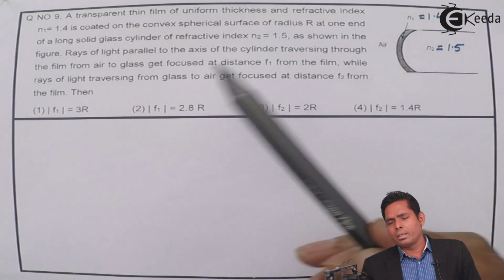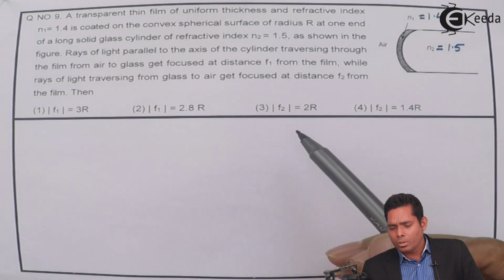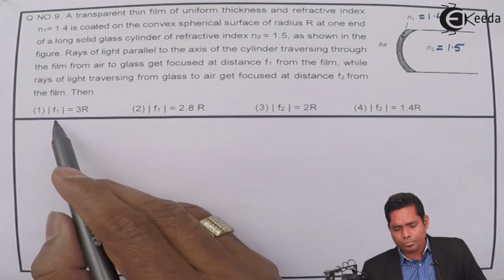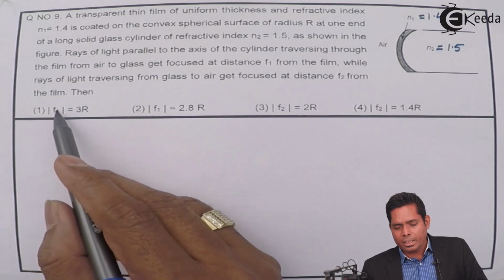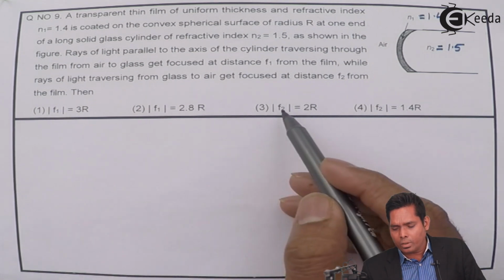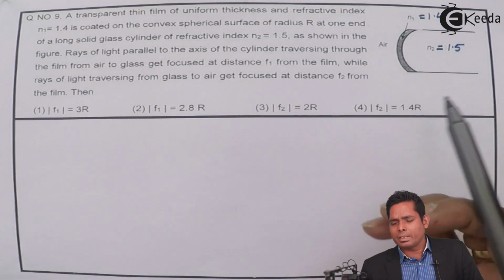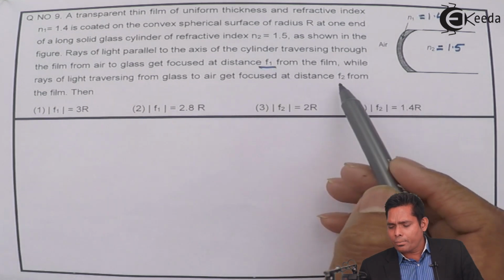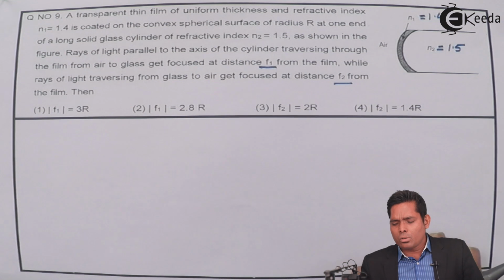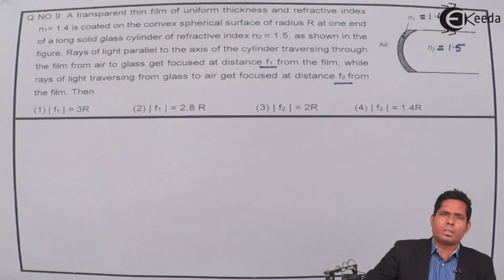Then which of these is correct? So basically he's interested in the magnitude of f1 and the magnitude of f2. So we have to find f1 and f2 and see which of the results is correct.